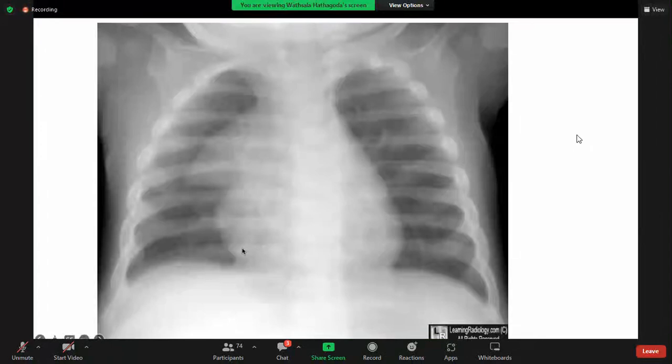Any problem in the heart, cardiac border? Any problem in the lung bases or lung fields? Do you all agree there's something here? Is this a normal finding or what is this?